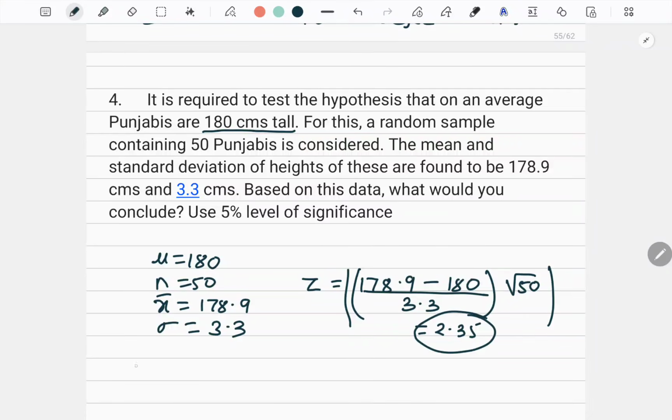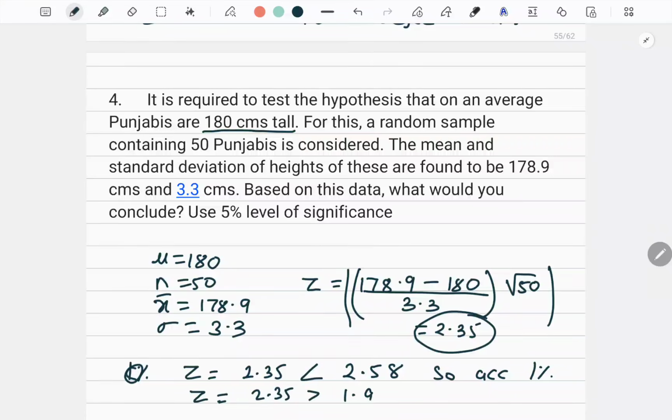Now under 1%, okay, under 1% means you have to compare in the same manner. Z is equal to 2.35, which is less than 2.58. So accepted under 1% level of significance. Z is equal to 2.35, which is greater than 1.96.